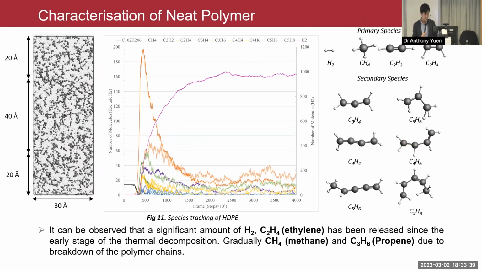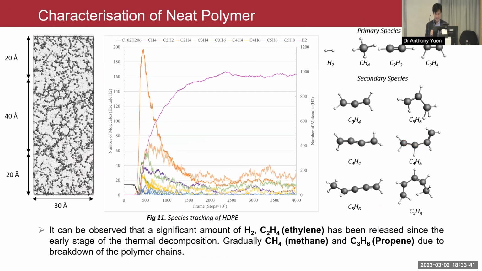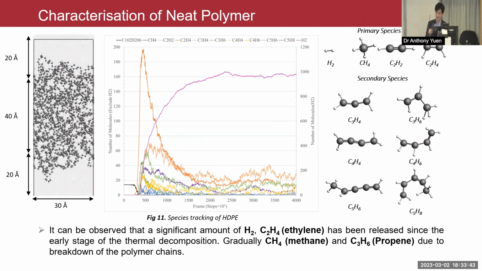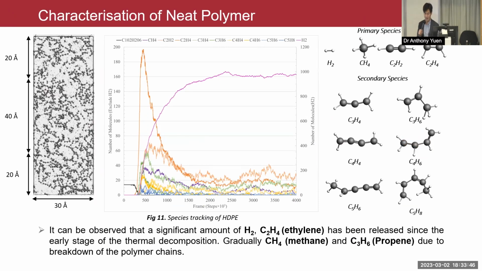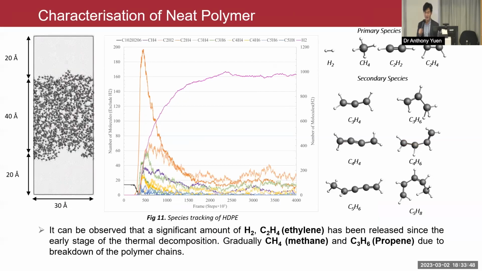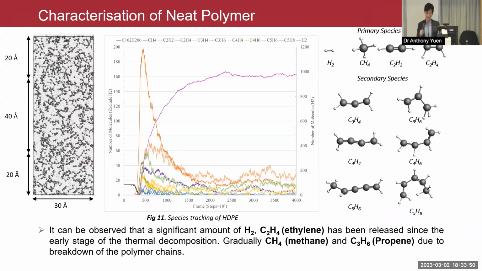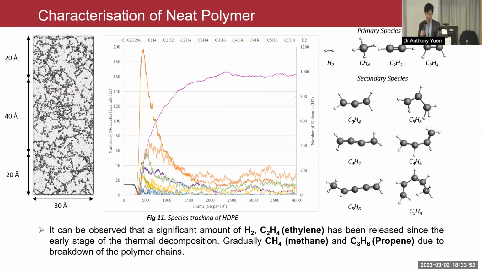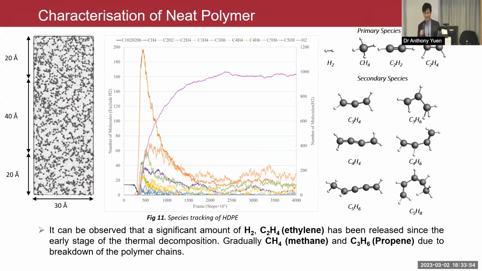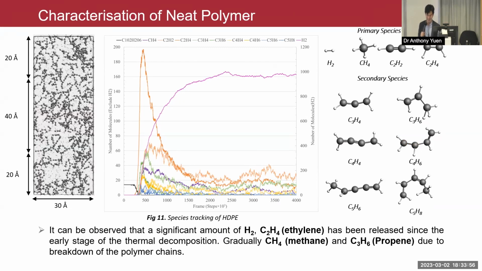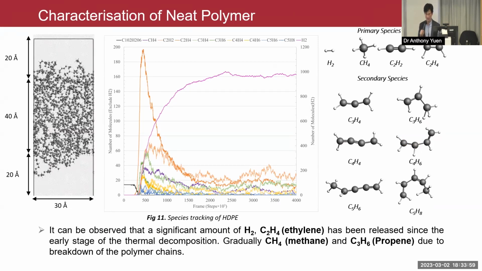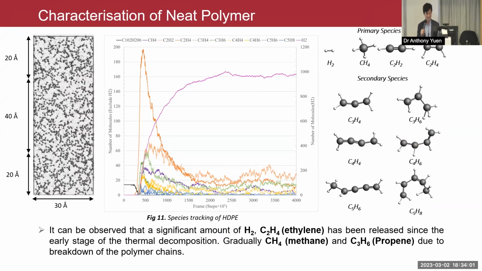But looking at the simulation of just the neat polymer itself, as I mentioned, here are the primary and secondary species which are important to study, because we all know methane, propane, or even ethylene are very highly flammable in terms of the combustion process.